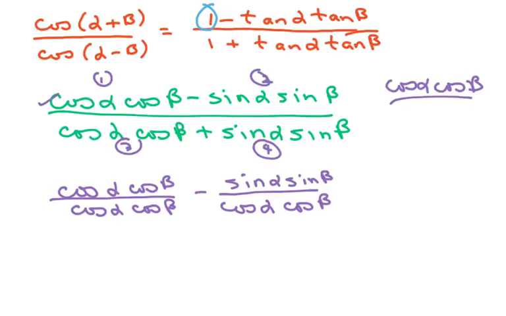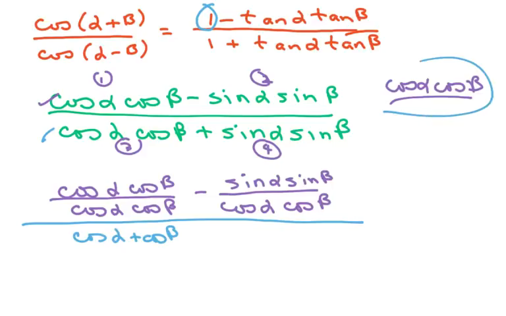Now, for my denominator, do the same thing. Cosine of alpha, cosine of beta, divided by what I'm going to divide everything by, cosine of alpha, cosine of beta, and this is plus here, and copy this down.